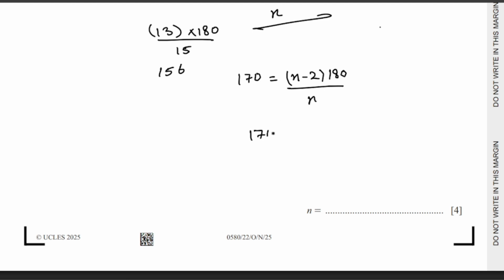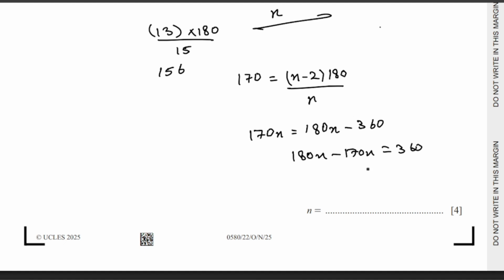We're going to get 170n equals 180n minus 360. All right. So you can take 180n minus 170n equals 360.